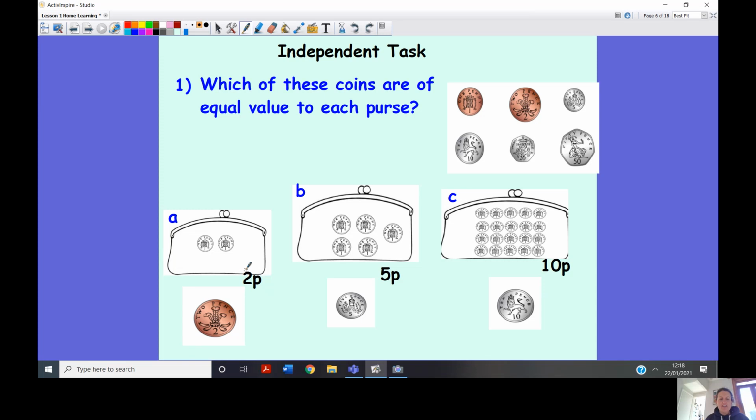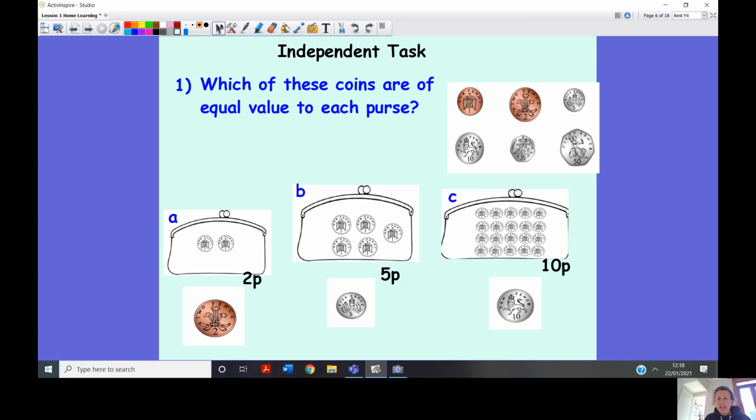Okay, great, here are the answers. So we should have seen that in A, there were 1, 2 pennies, which is the same, of course, as a 2p. In B, 1, 2, 3, 4, 5, of course, the same as a 5p. And in C, 1, 2, 3, up to 20.